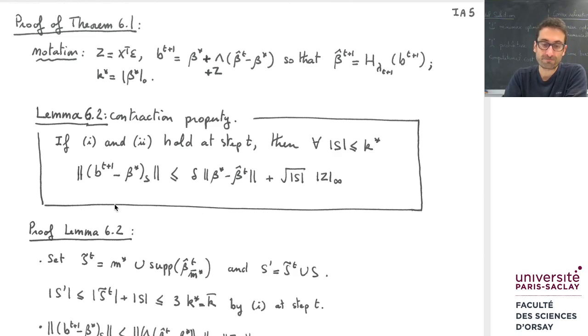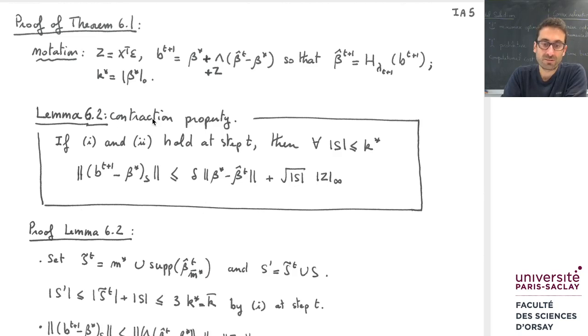So if you look at b_{t+1} minus beta star, restricted to this set S, the norm of this will be smaller than delta times the norm of beta star minus beta hat t, plus this term, which corresponds to the statistical noise, which is the square root of the cardinality of S times the sup norm of Z.